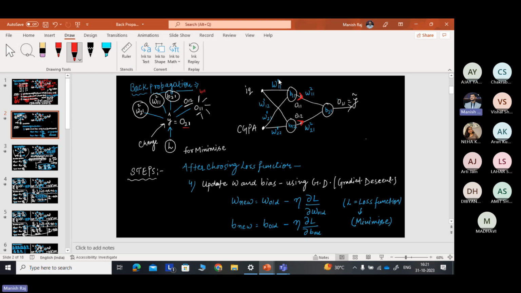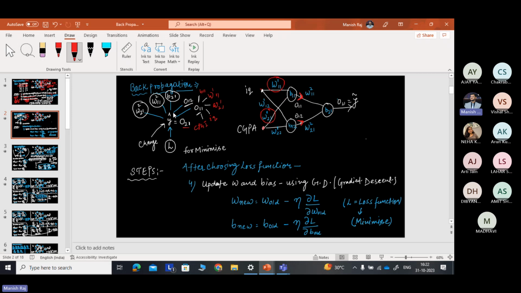B1, yes, it is dependent on this too. Okay, this value came from this, so it is dependent on that too. And it will also depend on CGPA and IQ because they are multiplied, these input values. Yes, very good. So you can write, sir, this is also dependent on B11, W11, W211 and some IQ, CGPA. Okay, so if you calculate 21 in the same way with these values, it will depend on these 5-6 values.